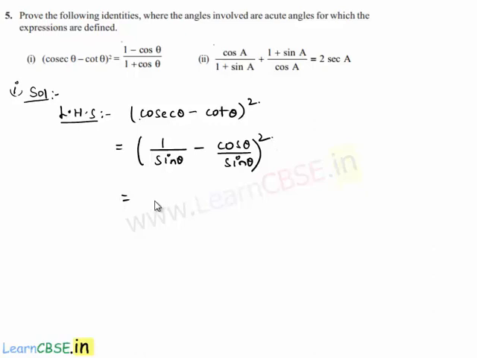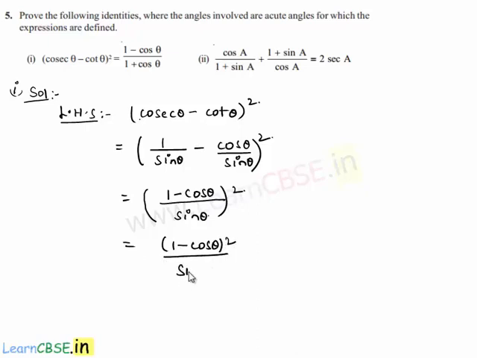That is equal to, in the bracket, let us take sin theta as LCM as it is common denominator, then the numerator becomes 1 minus cos theta and its whole square, which is equal to 1 minus cos theta whole square divided by sin square theta.